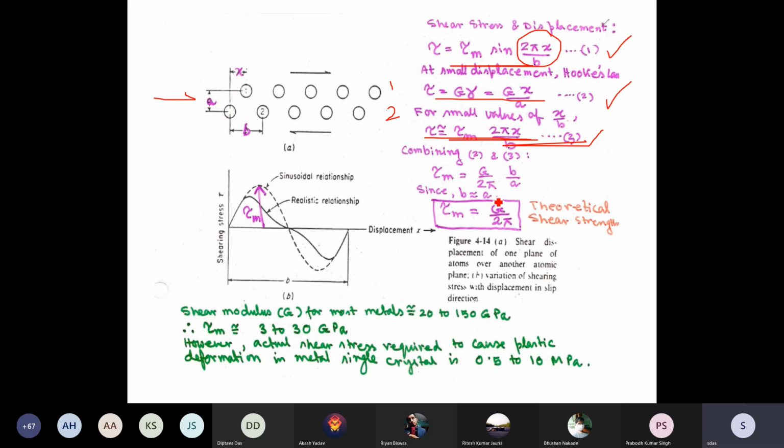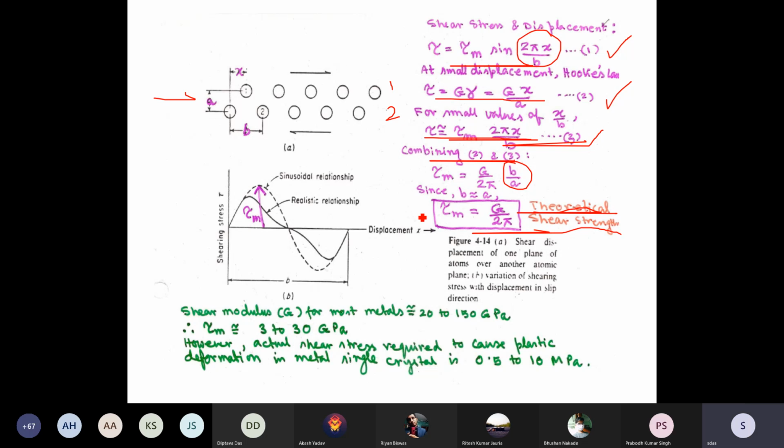So I can write b equals a, so b by a becomes unity. Then tau max equals G by 2 pi. And this is the theoretical shear strength which you learned in your mechanics class.